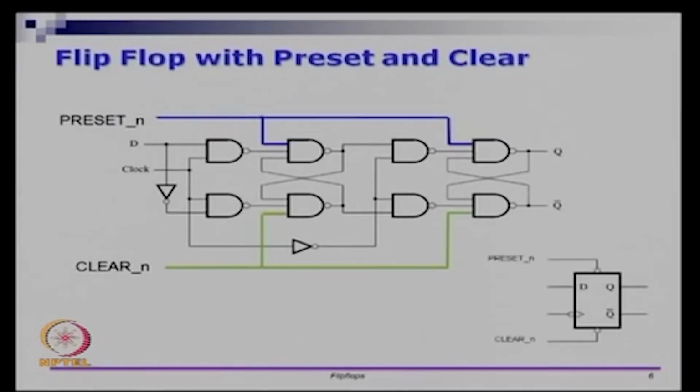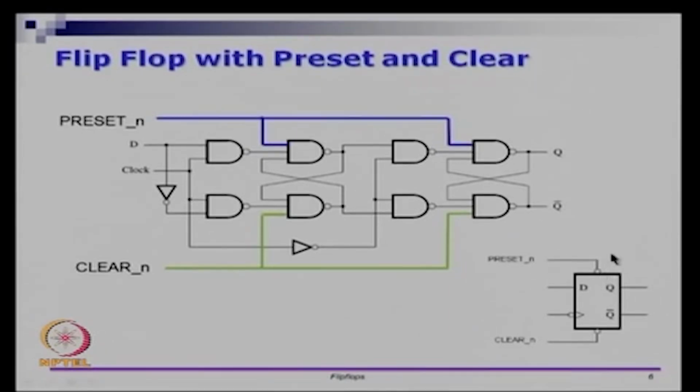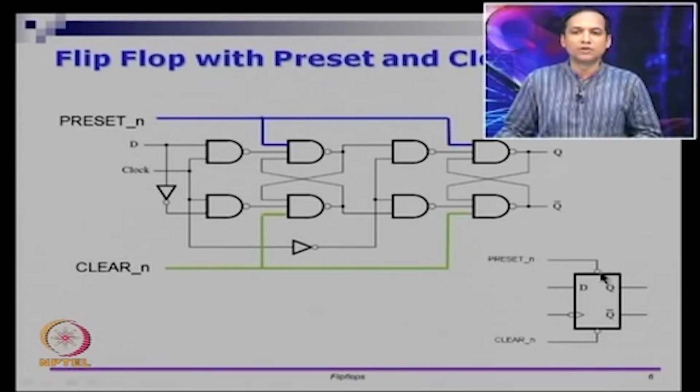The symbol for that is as follows. Typically, you put 2 different lines here, and these bubbles mean that they are negative logic. If you do not have the bubbles, then if preset is 1, Q will become 1, and if clear is 1, Q will become 0. Clearly you do not want preset and clear both to be 1 at the same time, because then there is no meaning attached to it.